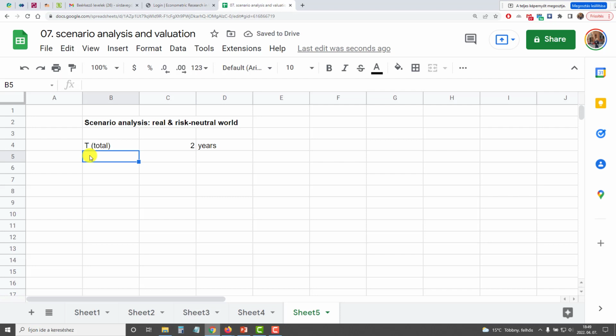And now we can see that there will be, let's define a small t. So this will be the 6 months, 0.5 years.